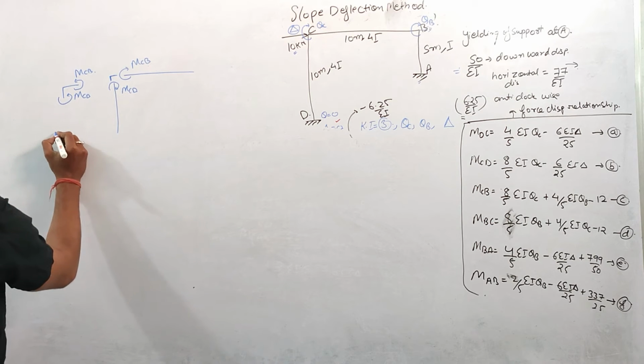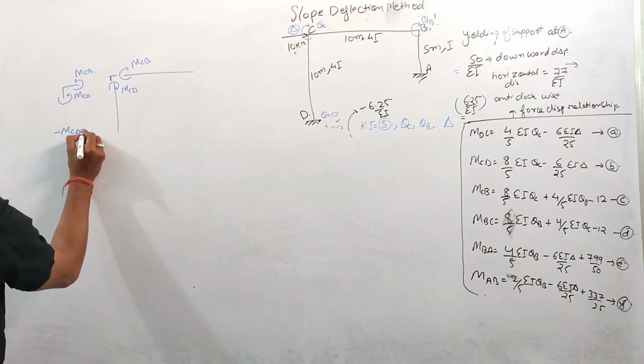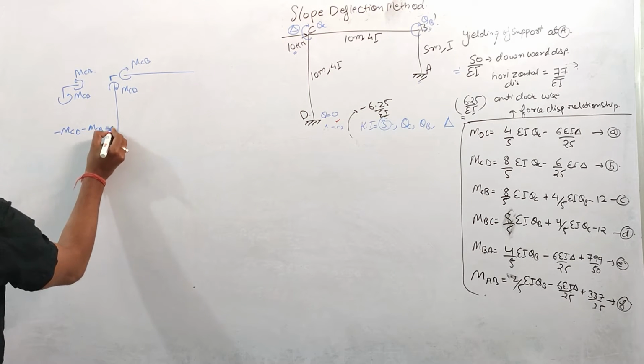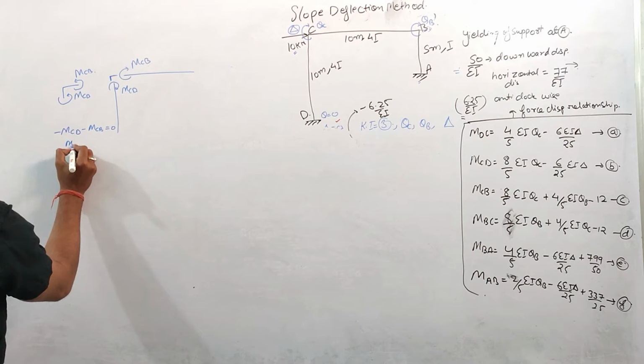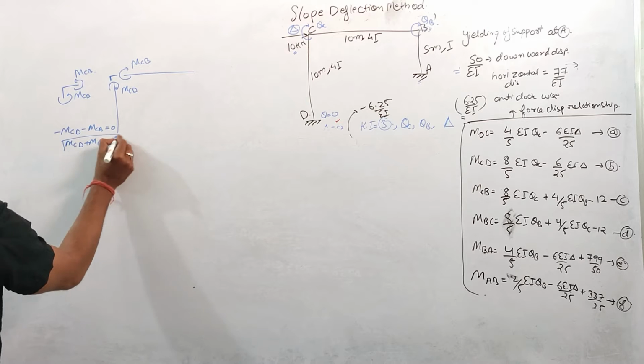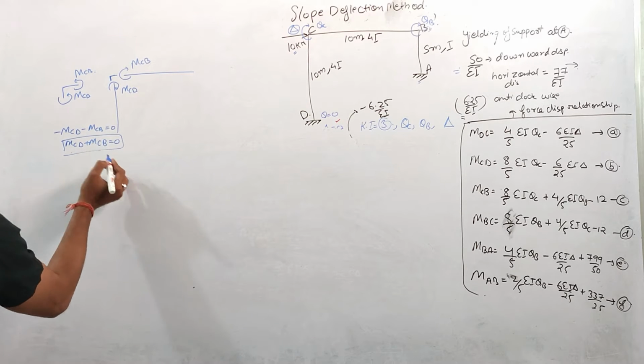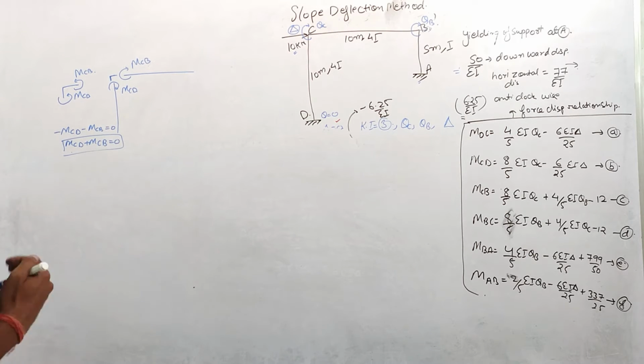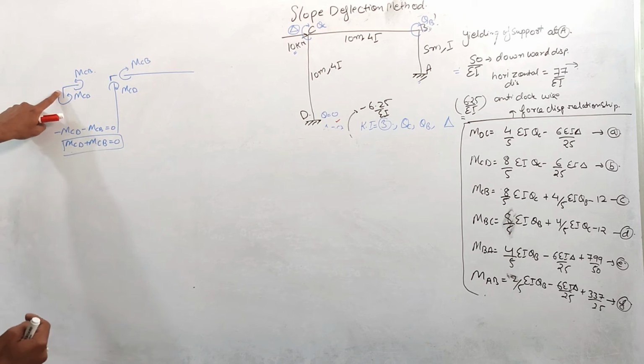So for equilibrium I can write MCD minus MCB equals 0. If I take the minus sign common, the equation will be MCD plus MCB equals 0. So don't get confused if someone writes MCD plus MCB equals 0 at this joint.